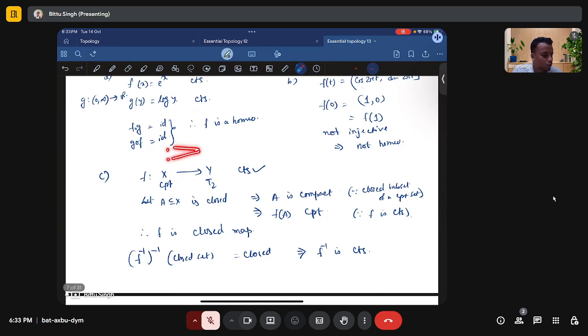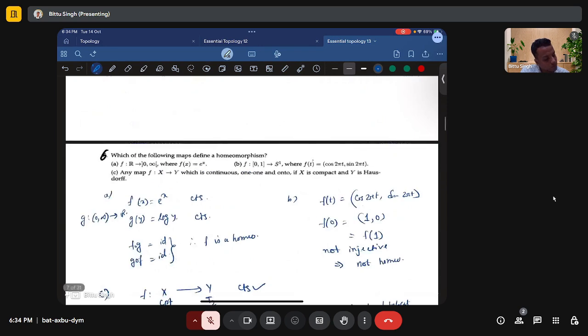We don't have two points which go to one point. That's why we are getting a proper f inverse map, and we are only proving this f inverse is continuous. So we have found a map in the reverse direction which is continuous, and f compose f inverse is identity, f inverse compose f is identity. Therefore, f is a homeomorphism. So C is okay. This is not true. This is also okay.